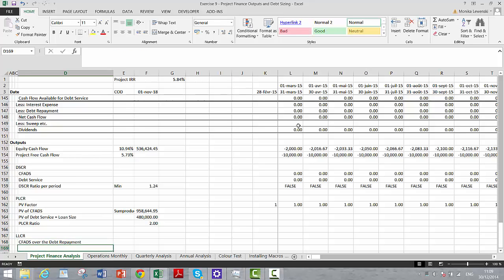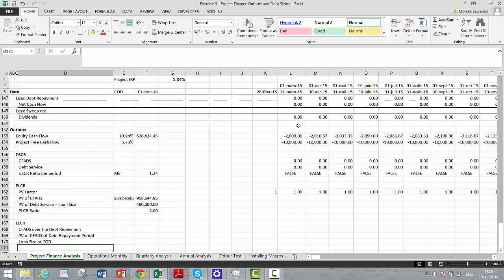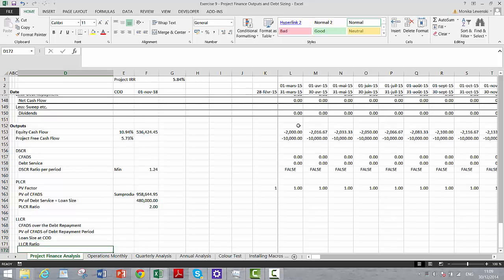And then we take the PV of CFADS over the debt repayment period and compare that to the loan size, and it's really at COD. I should have been careful to say that, and then we can get the LLCR ratio.